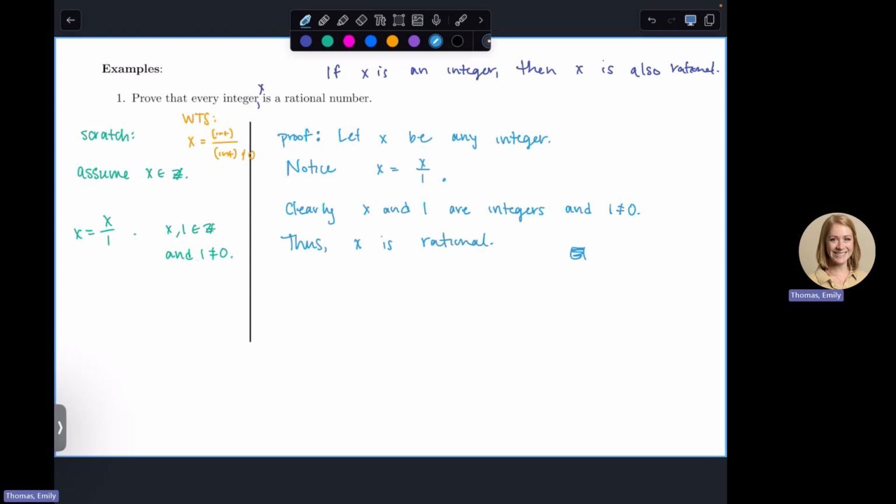Why do we do the box? Typesetting, to know when your proof's done and you've moved on to something else. Like when people were writing things before, you could really separate stuff. In typing, you would denote that you were finished.